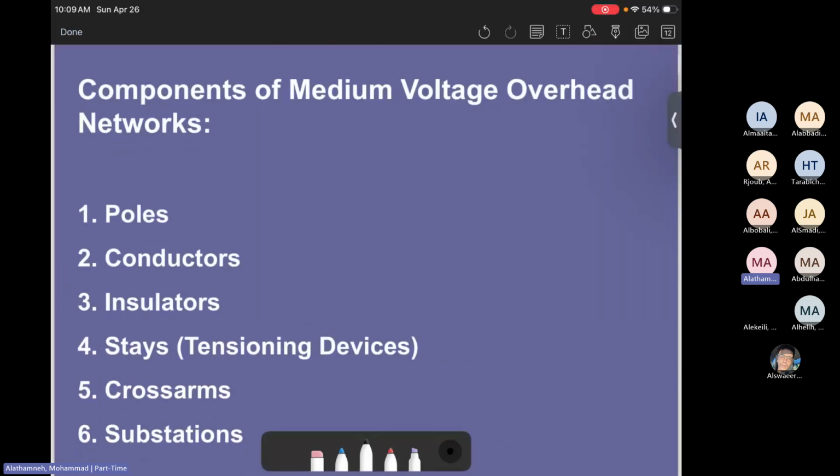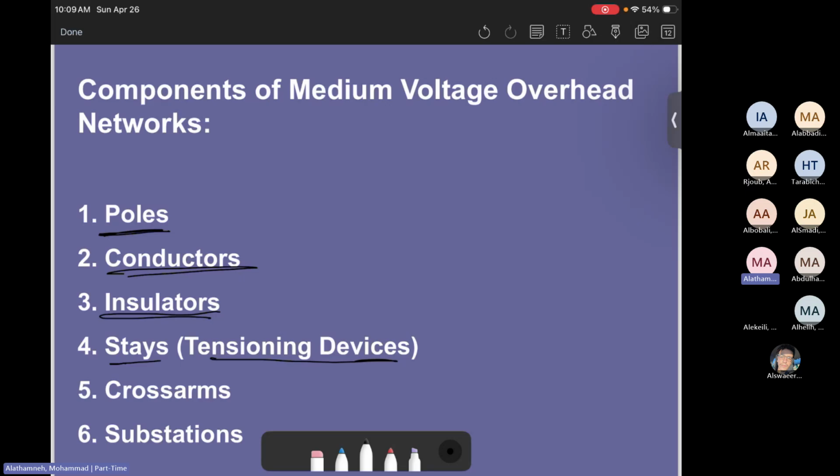Now, the main components of the medium voltage overhead networks, as shown here: poles, the conductors, or wires, whatever you want to call it, and insulators, which can be glass or porcelain. Stays for tensioning, to make sure, as we know, there's tension and suspension.